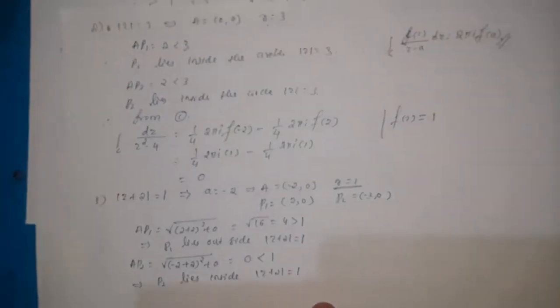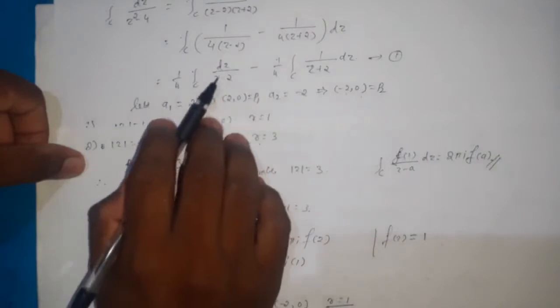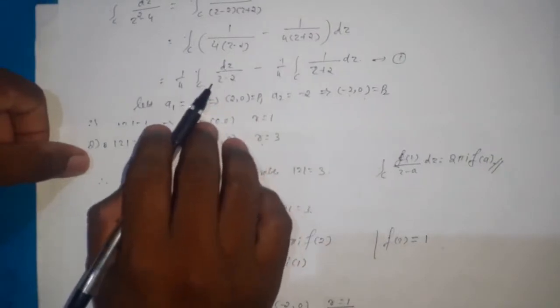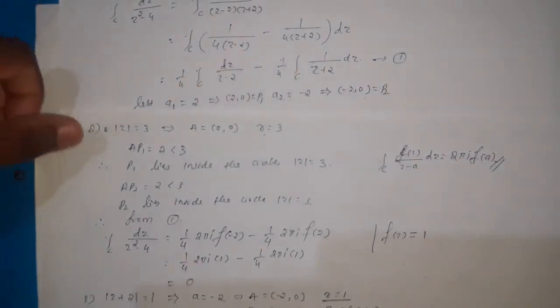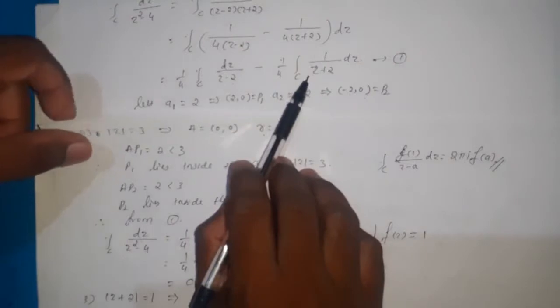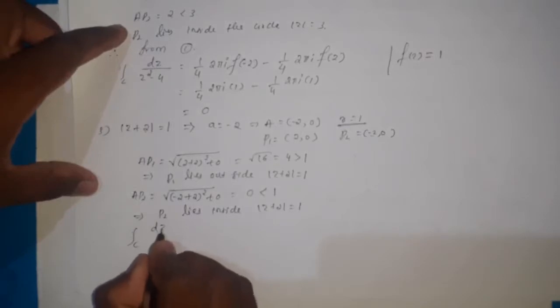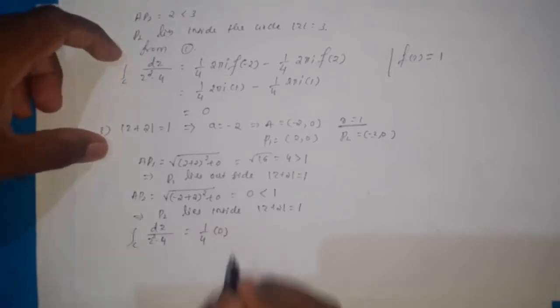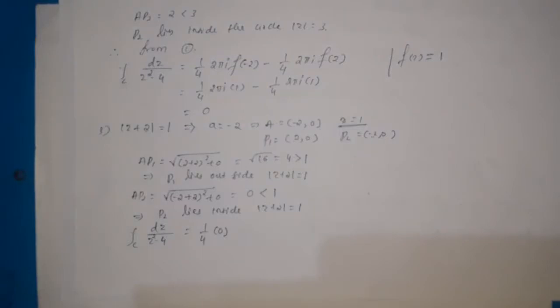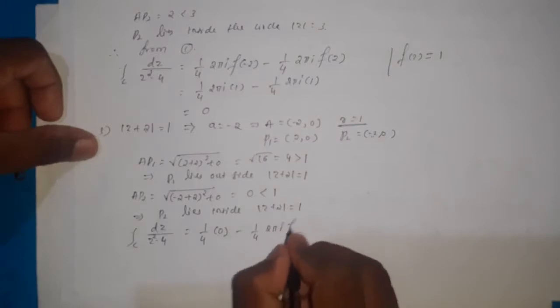Then from equation 1, so here equation 1 is this one, integration over c of dz upon z minus 2. Here its value is equal to 0 because the point P1 lies outside the circle, and the other is 2 pi I into f of a. So therefore integration over c dz upon z square minus 4 is equal to 1 by 4 into 0, because the first point lies outside, minus 1 by 4 into 2 pi I f of a.